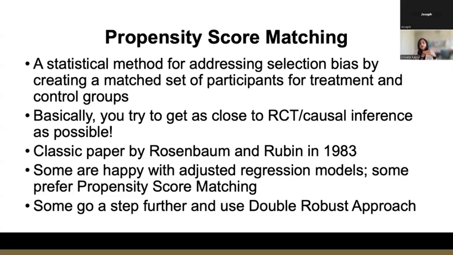However, some researchers prefer propensity score matching. They say it provides a better quality of evidence compared to the more traditional approach of the adjusted regression models. And then there are some researchers that like to go even a step further and they try to use a double robust approach, which basically combines the principles of these two techniques together when they analyze their data.